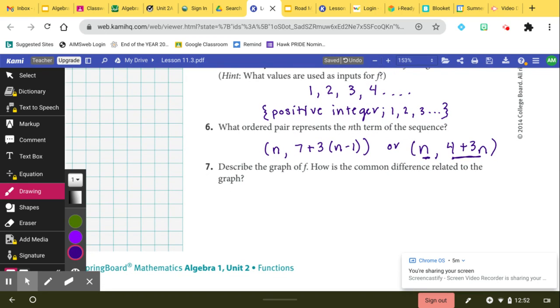It says describe the graph of f. How is the common difference related to the graph? Well, like we saw in the last lesson, with our term numbers as our x values and our terms as our y's, we had linear functions. So these graphs are going to be linear, and the slope of the graph will equal the common difference.